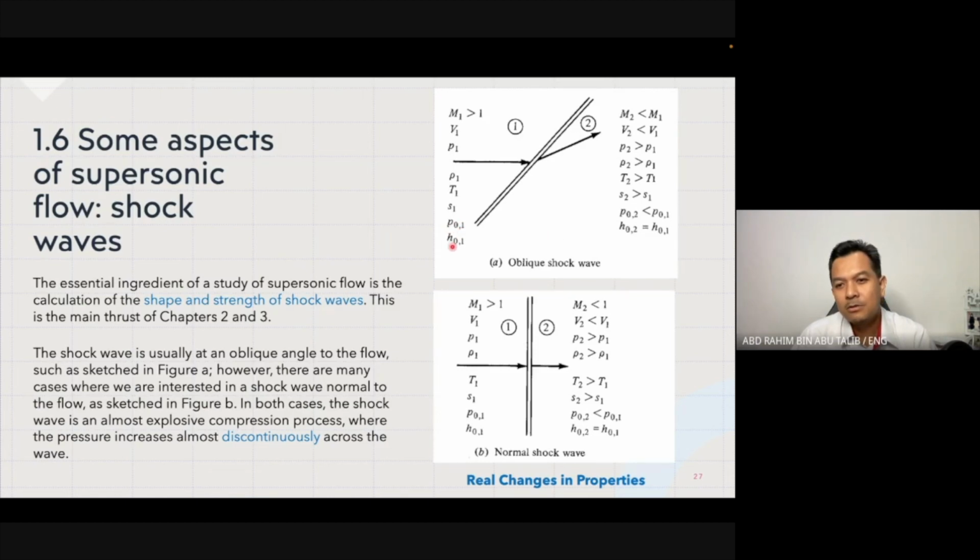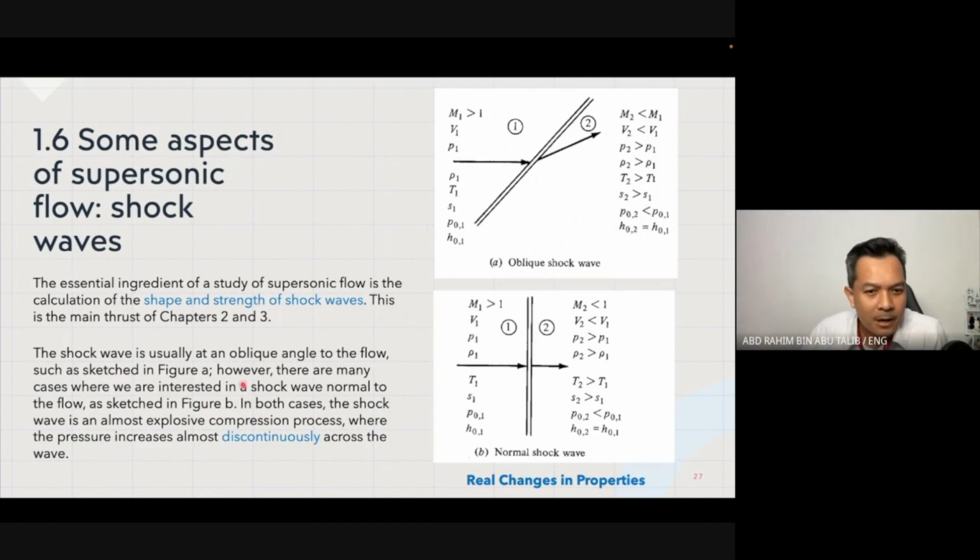So you can see here for the oblique shock wave the changes of properties, like for enthalpy, which at station 2 is equal to station 1, but the total pressure at station 2 is less than station 1, and so on. So we will look into more detail about the conditions for the oblique shock wave.